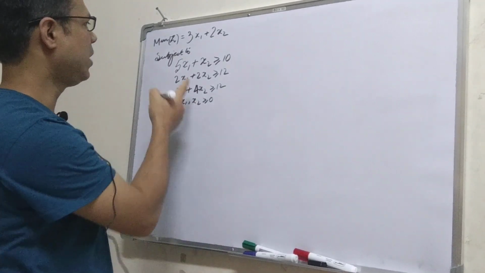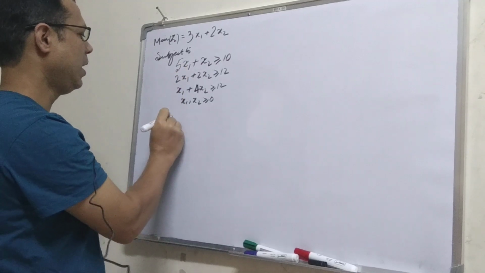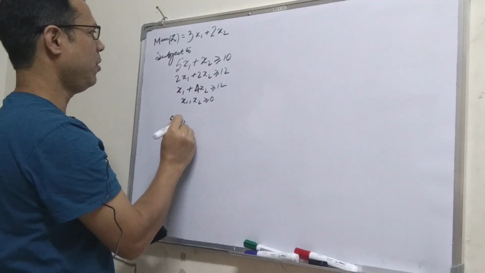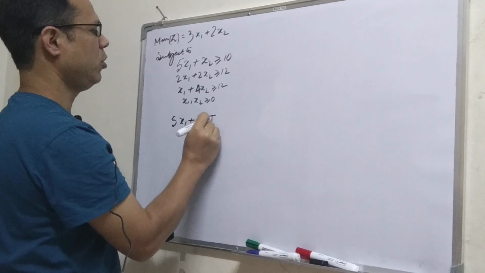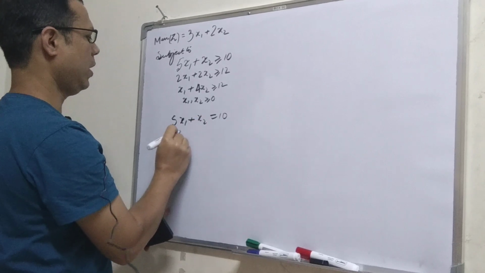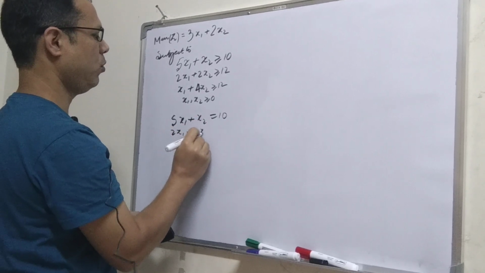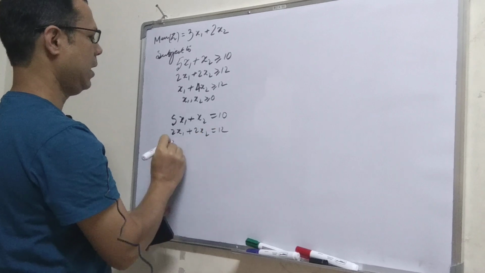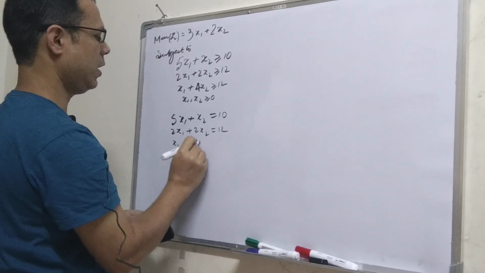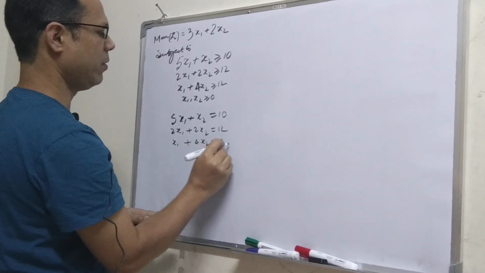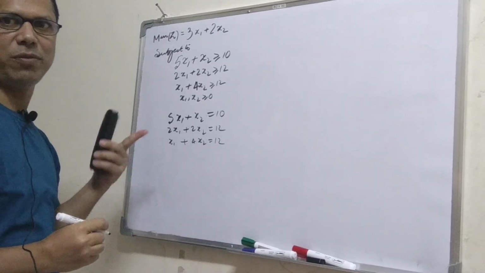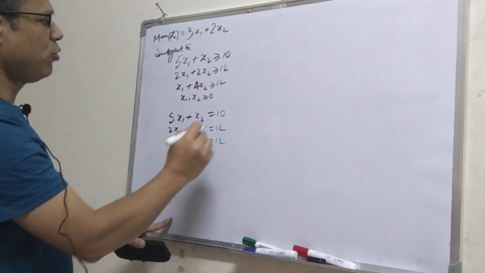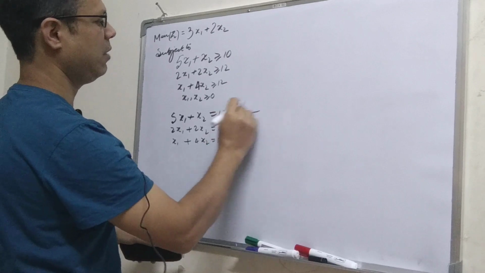First you need to change this inequality into equation form. So 5x1 plus x2 is equal to 10, 2x1 plus 2x2 is equal to 12, x1 plus 4x2 is equal to 12. These 3 inequalities have been changed into the form of equations. Now the same procedure we need to apply.